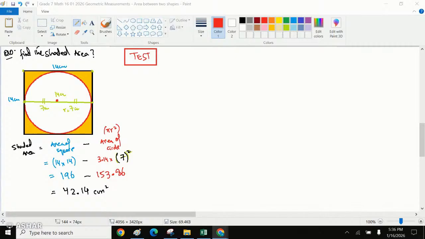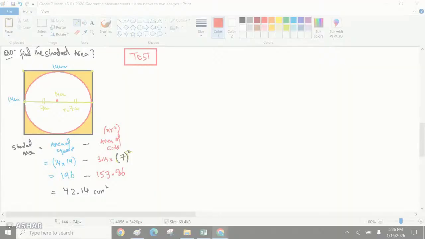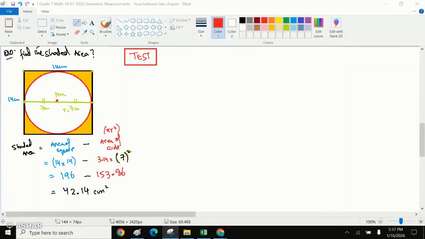So what they are saying is, what is the shaded area, and they have given us the values. For question number 1, they're saying this.